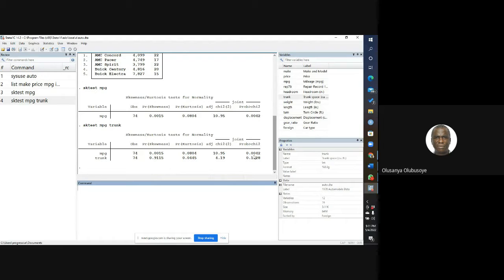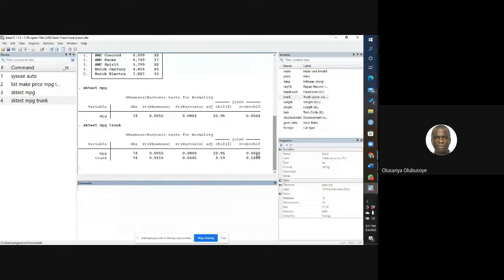I repeat, when the p-value, this probability value that is reported here, is smaller than your chosen alpha level, or level of significance, then you reject the null hypothesis.